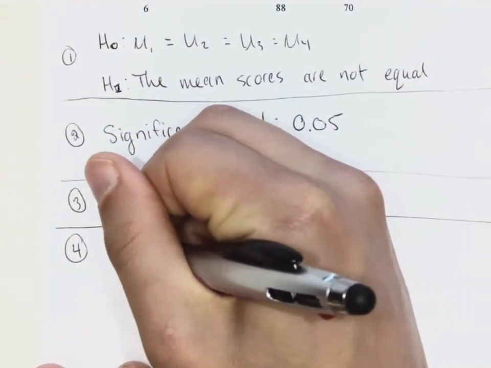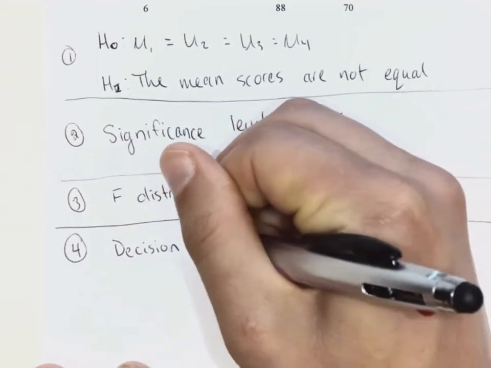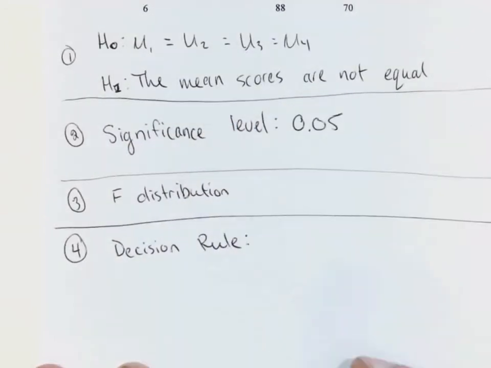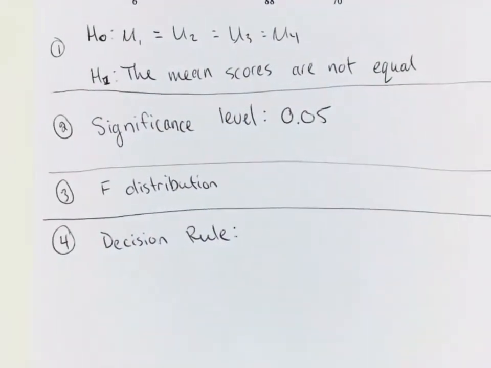So the decision rule is what number of our F distribution will we need to find where we have an acceptable answer, that we can reject our null hypothesis or confirm it.